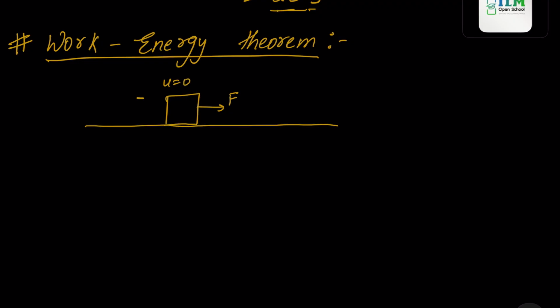Initially its speed is u, and if I force it towards the left, it will go ahead and have some velocity v when it comes here. So we can see that force changes velocity, and if velocity is changing, then kinetic energy will also change.